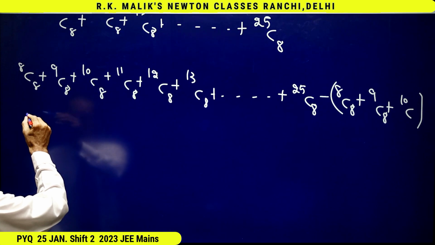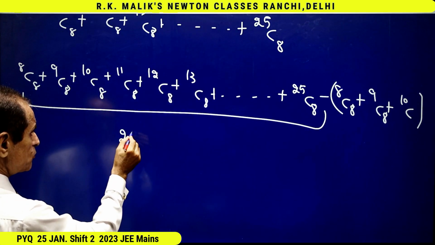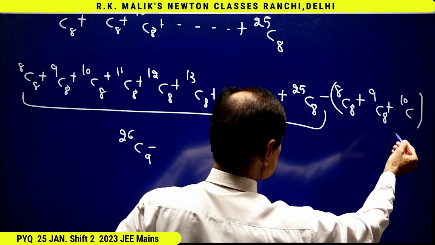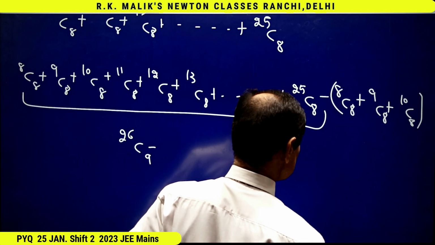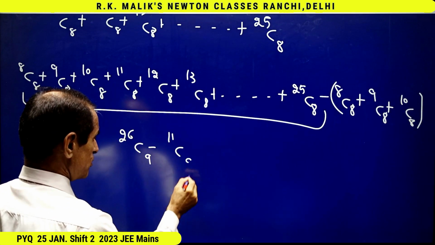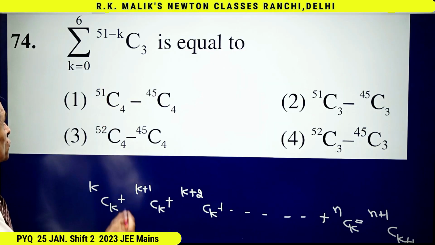And now, with the help of the formula, the sum of these terms becomes 26C9, and the sum of these terms, here also 8 was there, will be 11C9. And using this discussion, I'll be doing this question.